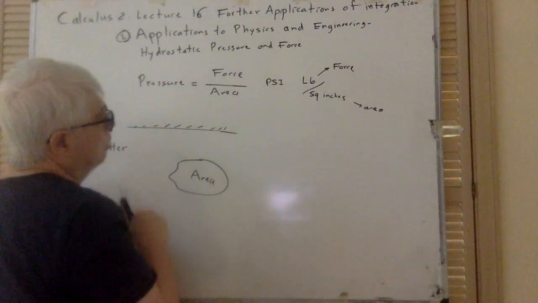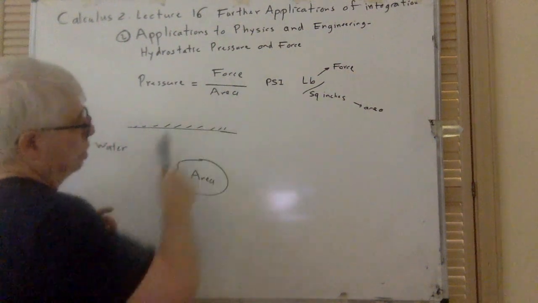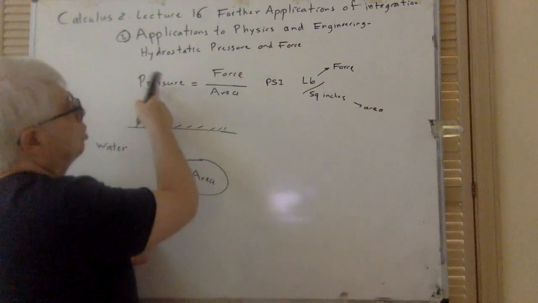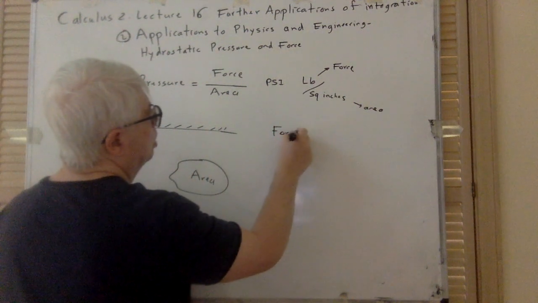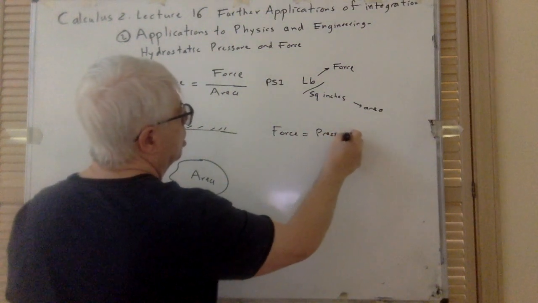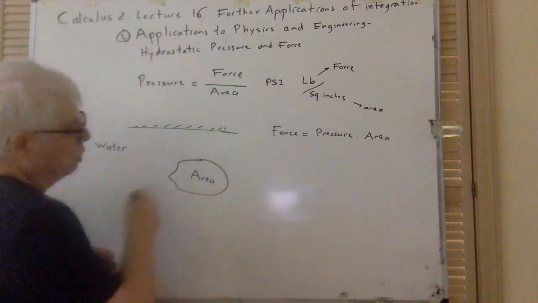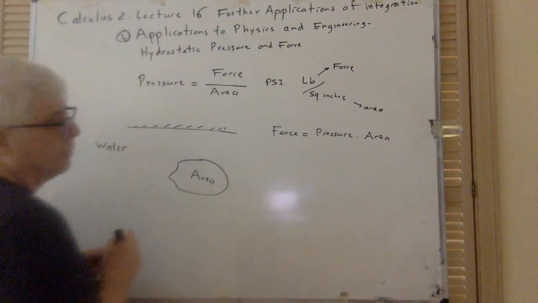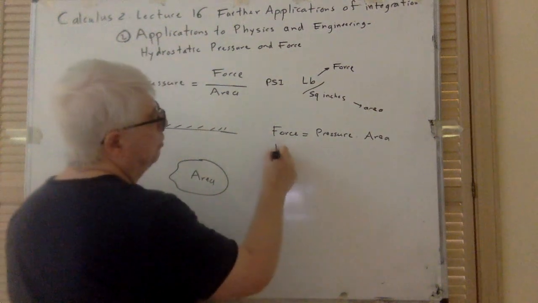We know that the pressure is force divided by area. So to find force, we should somehow multiply pressure by area. So force will be pressure times area. We want to find the force on this thing, so we find dF.